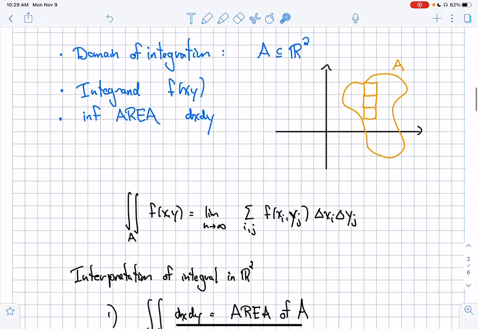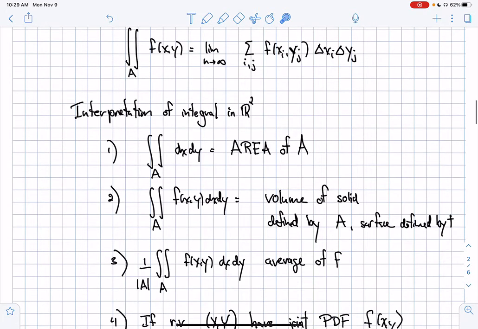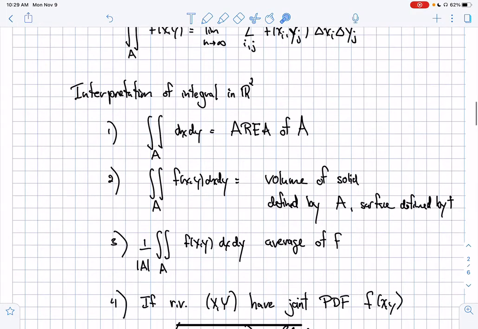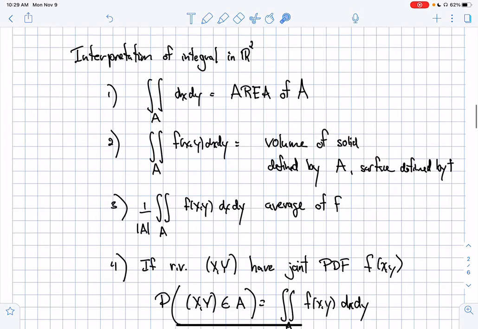Okay, now we're going to use this integral. Before seeing how to evaluate this, we're going to talk about the interpretation of the integral and why it is useful.